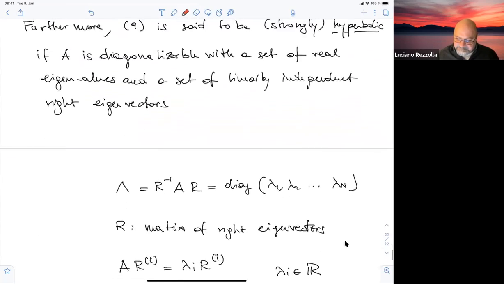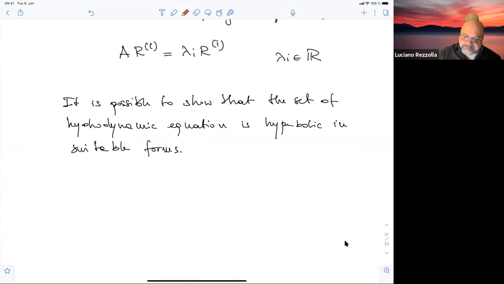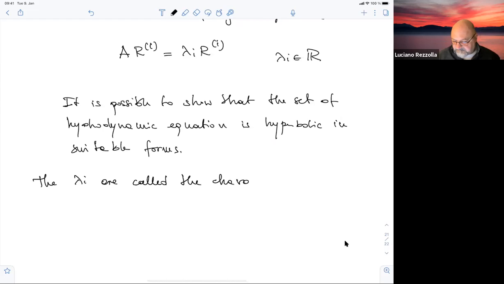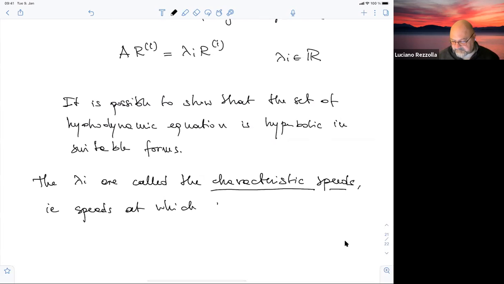And in such a system, the lambda I are called the characteristic speeds. These are the speeds at which signals, or if you want perturbations, propagate.